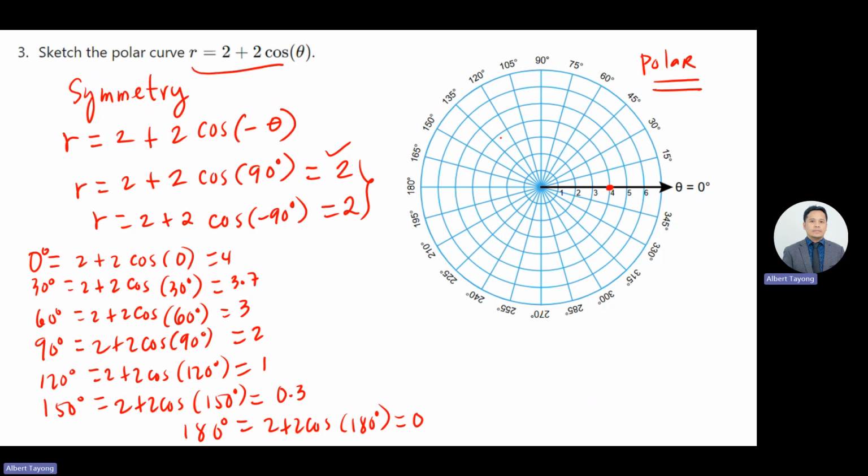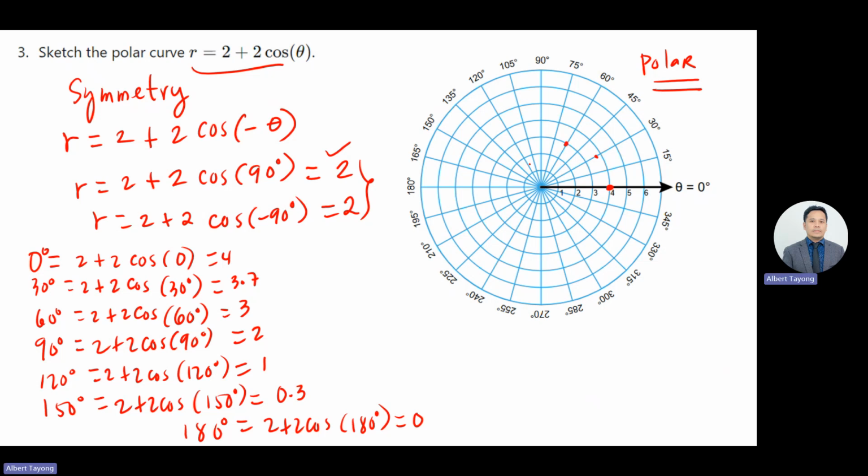All right, so 30 degrees is 3.7. This is 30 degrees. So this is 1, 2, 3, 3.5, 3.7 somehow is here. And the next one is 60, which is 3. So 1, 2, 3.